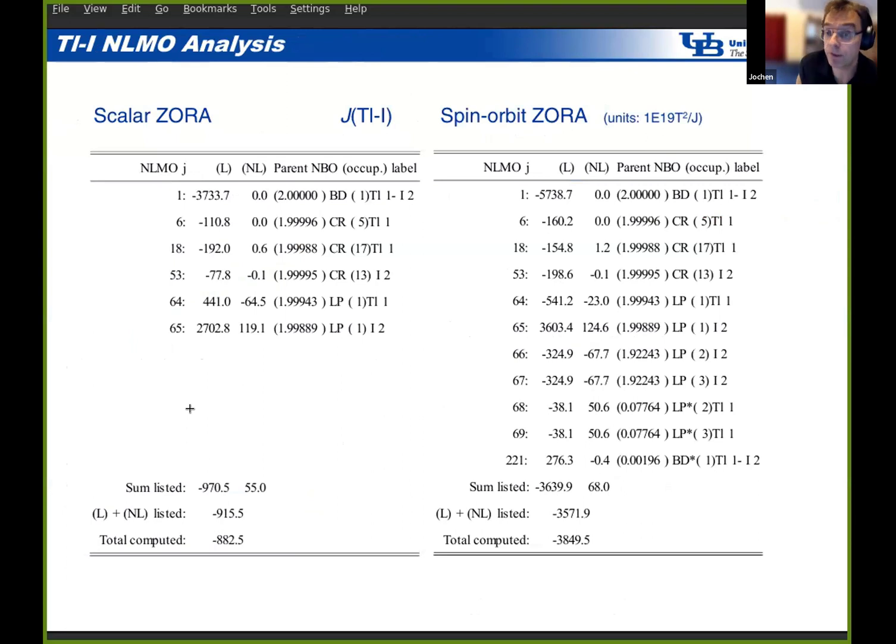Here, I hope this is not too small to see on your screen. It's just one of the earlier examples that I studied. We're dealing here with the diatomic thallium iodide. This molecule is known to have extremely large spin-orbit effects on the J coupling between the two nuclei.